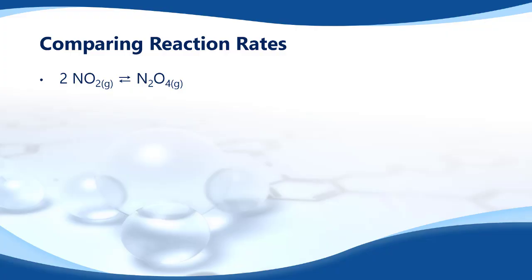All right, so again, we're going to keep going with our NO2 to N2O4 reaction. What I want to do though is start actually working with some reaction rates. So here's what we know. The rate of the forward reaction, the direction from left to right, is equal to, well, we don't exactly know this yet, but we're going to make an assumption.